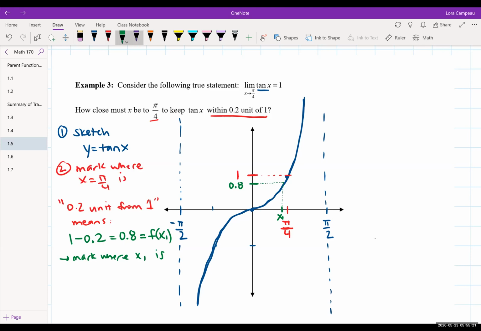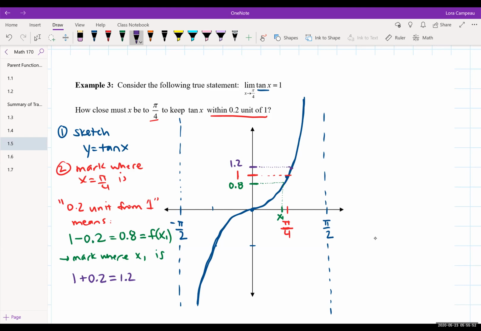Similarly, we'll do the other way. What happens if we're 0.2 units away from 1, a little higher? So the same distance away on the y-axis. That would be us adding 0.2 units, so that would give us 1.2. So the math there is not so bad. It's kind of nice. And you notice we have the same distances away from the y. So we're going to go mark where it's located on our function.